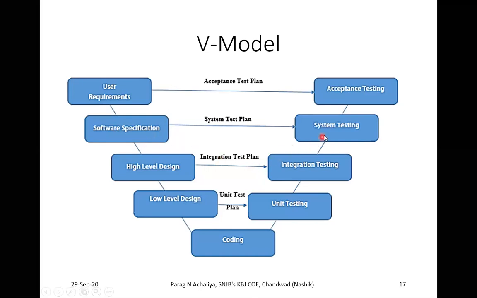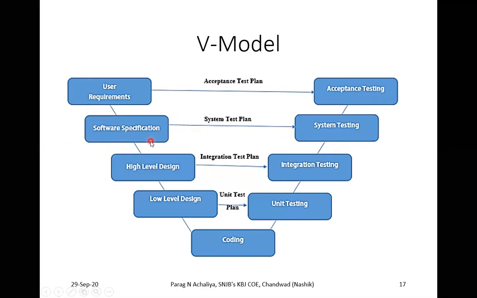Then next one will be your system testing. The system testing will be applied on the whole system or on the whole software specification. Whatever software specification you are going to specify, the system testing will be applied on that software specification.